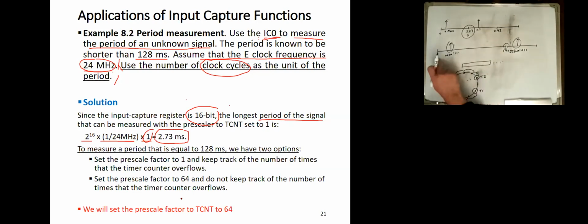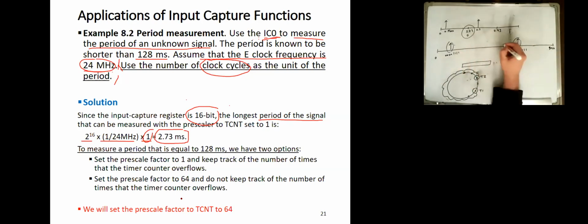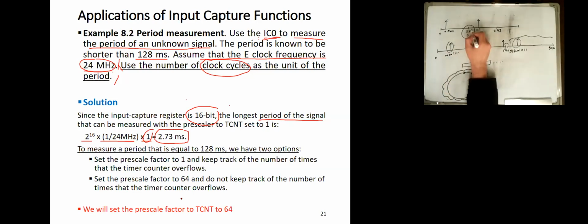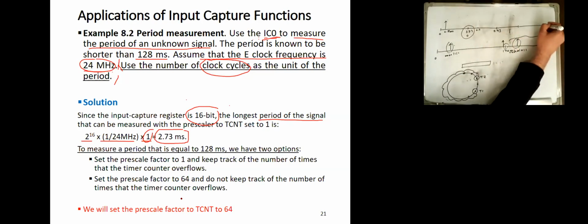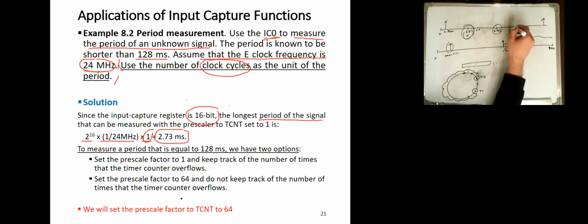So if you increase the overflow time to up to 170, the next overflow will be at 340, okay? So even if your first edge arrived here, your next edge will be somewhere here. So one subtraction will do the job. However, here, if we keep it like this, the second edge might arrive here, for example, after one overflow, two overflows, three overflows. So we need to count how many overflows.